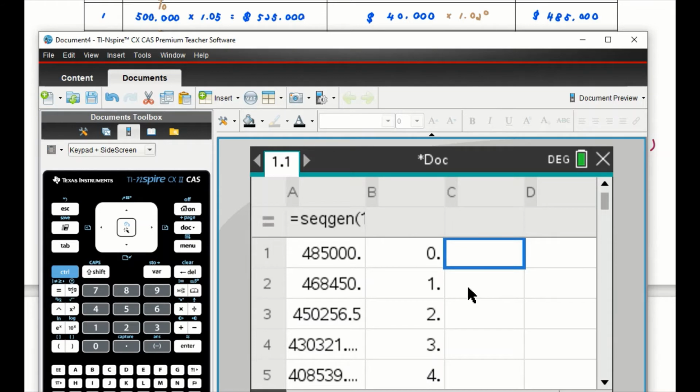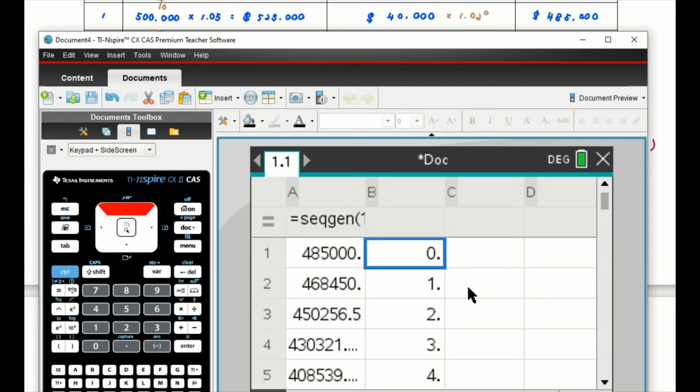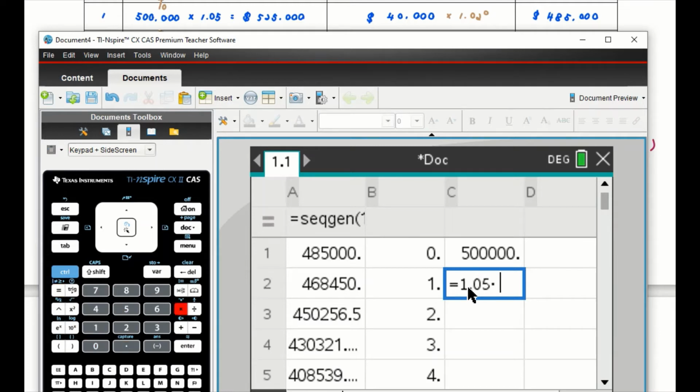Key in your 0, 1, 2, 3, 4, so make sure you have this column here. Then this will be your T0, so 500K. When you move on, how do you get your next value? You use your 1.05 multiply with the previous value, which is C1, then minus 40,000.